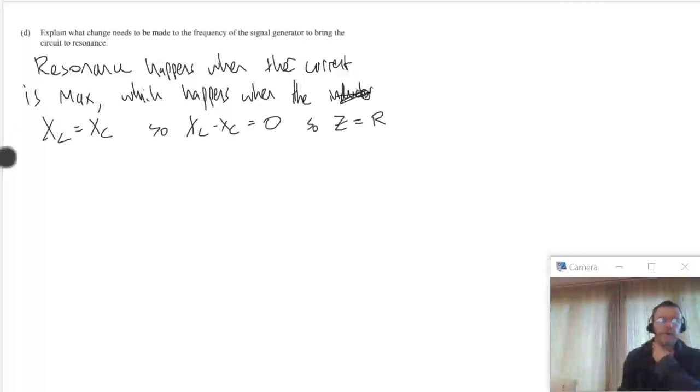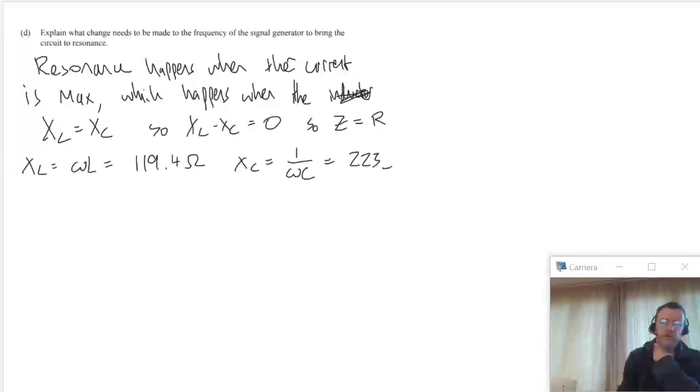Now, we can think about this in a range of different terms, but let's think about what this means. So compared to where we were, at the moment we had XL equals omega L equals 119.4 ohms, and XC equals 1 over omega C equals 223 ohms.